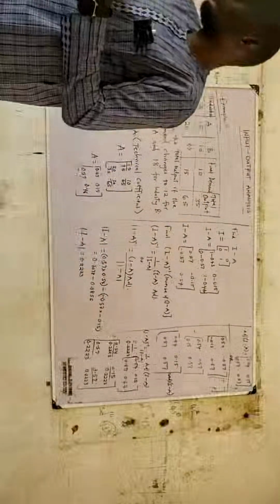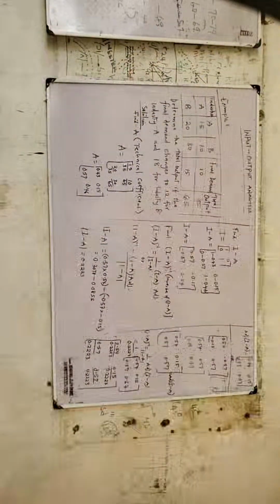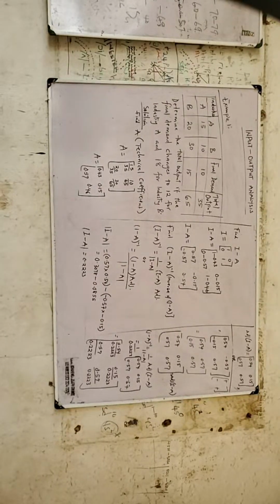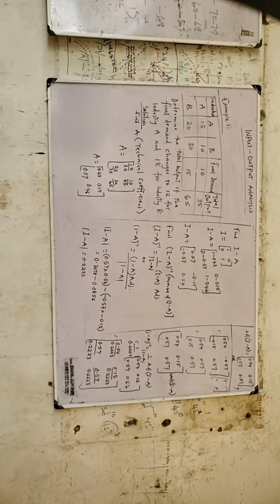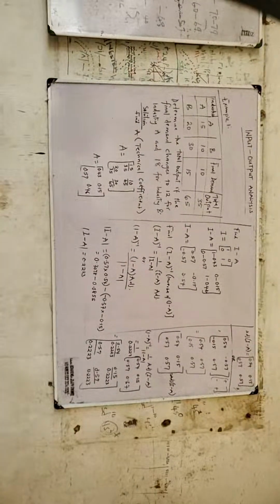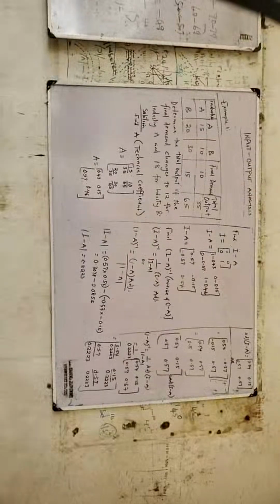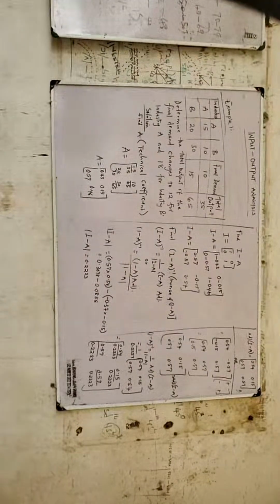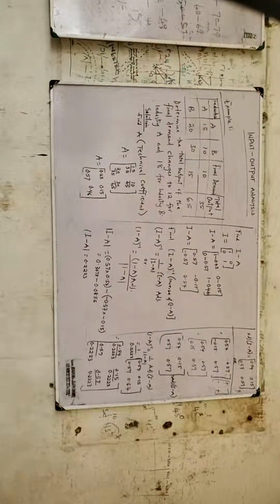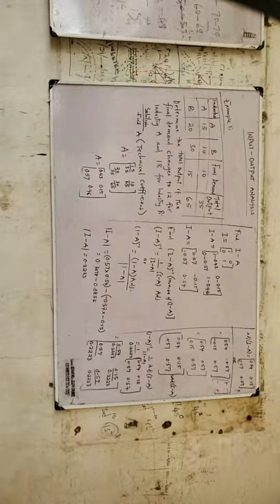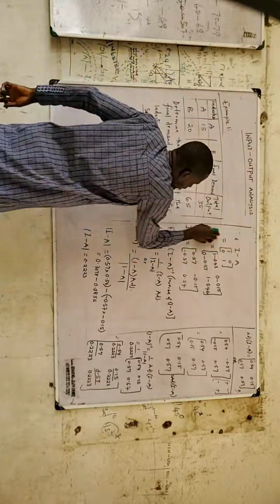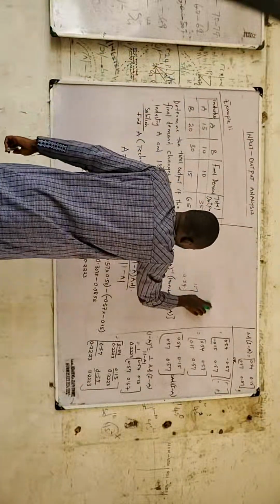This calculator. 0.54 divided by 0.2223, you have 2.429.